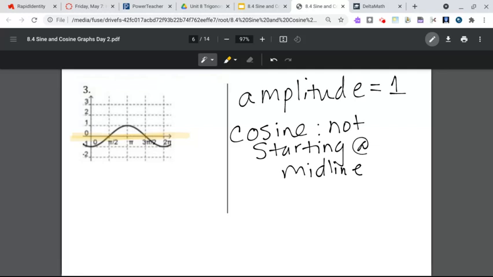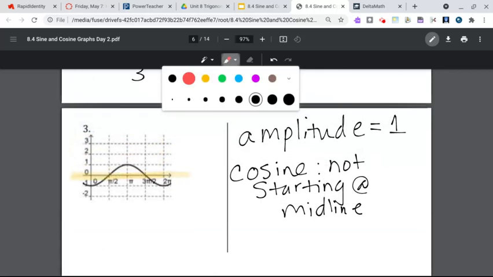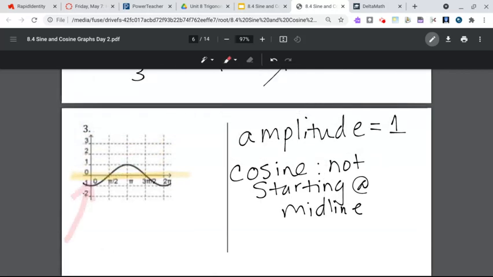When it doesn't start at its max and it's flipped over, there's a leading negative. There is an x-axis reflection in this particular question, okay? We can see here it's starting at -1. So that means there is an x-axis reflection.